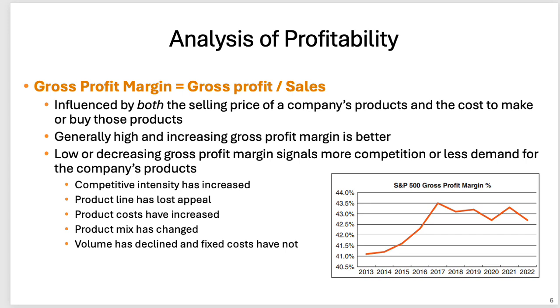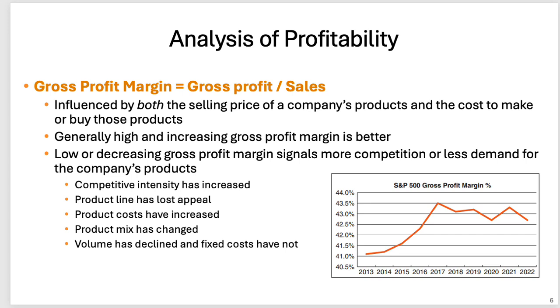As competitive intensity increased, has the product line gotten stale and lost appeal? Have product costs increased, perhaps because vendors need to be refreshed, or maybe there are external factors like, for instance, global tariffs imposed that weren't there previously? Is there a reason to consider that perhaps you need to refresh your product mix overall?